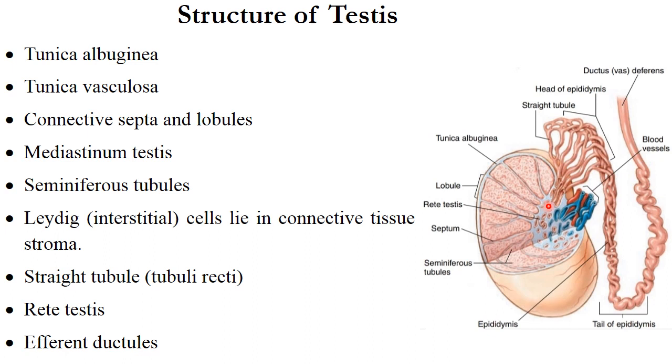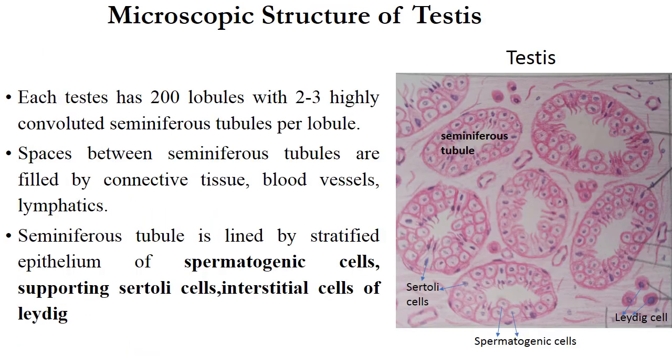So the straight tubule forms a network in the mediastinum, and this network is known as rete testis. The rete testis gives rise to about 12 to 30 efferent ductules, and these efferent ductules lie at the upper end. Efferent ductules enter into the epididymis.